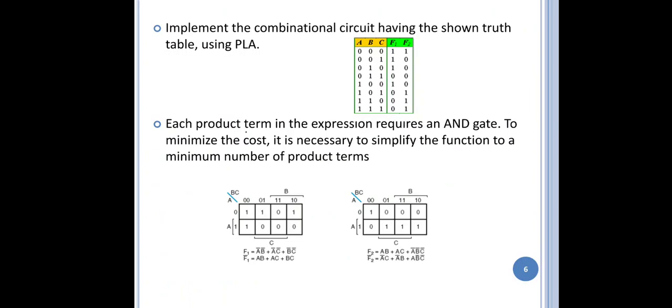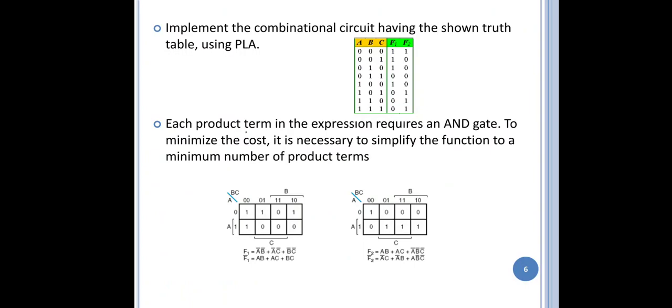Now we have to choose two expressions, one from f1 and one from f2, either in true or complement form. So we have to consider two criteria for selecting the expressions. One is the number of product terms, that is, the expression with fewer product terms can be selected.